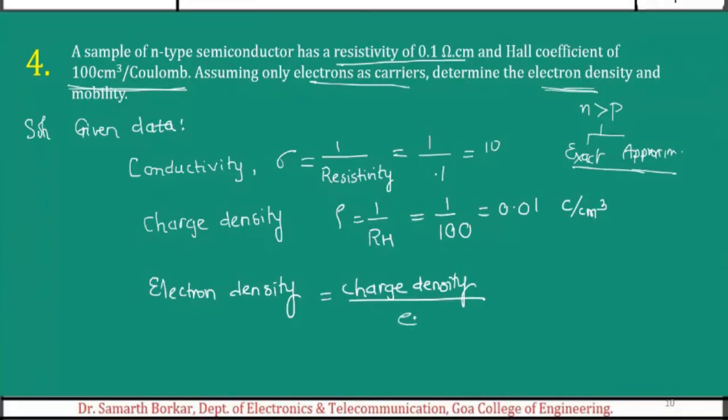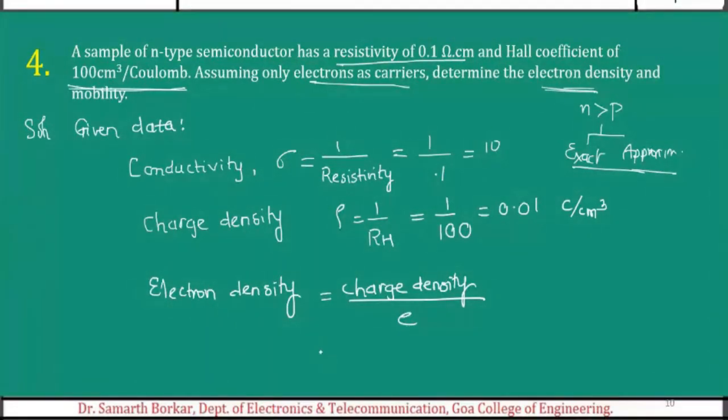So what we are interested in is finding the number of electrons. What we have is the total amount of charge. So charge divided by the value of e, that is 1.6 into 10 to the power minus 19 coulombs, we will get the electron density. So total charge divided by charge on a single electron. Fine.